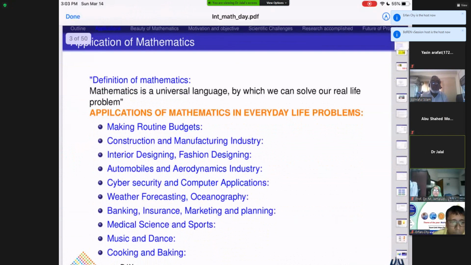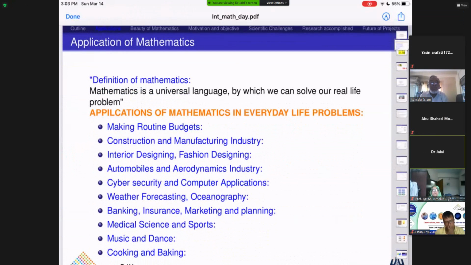I would like to start first with the definition of mathematics. There are different definitions of mathematics you can find in the literature, but I think this could be a nice definition: mathematics is a universal language by which we can solve our real life problems.